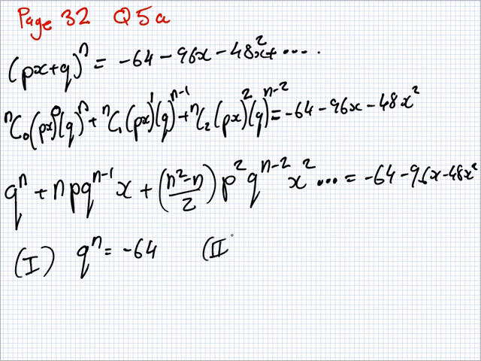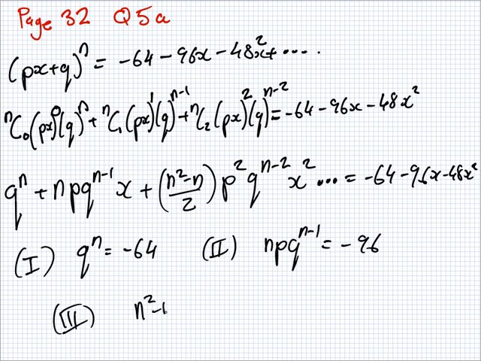Equation 2. npqn minus 1 should equal minus 96. And equation 3 is n squared minus n over 2 p squared qn minus 2, that should equal minus 48.